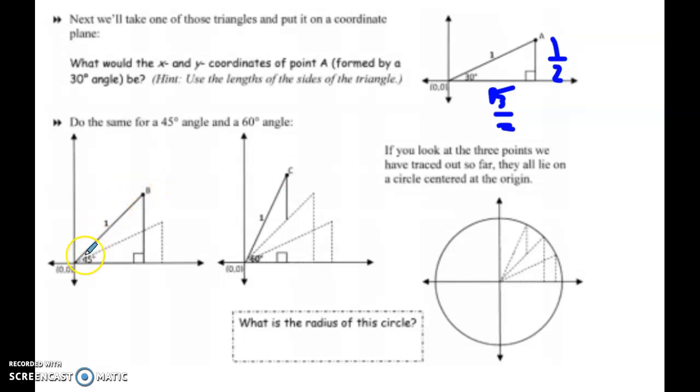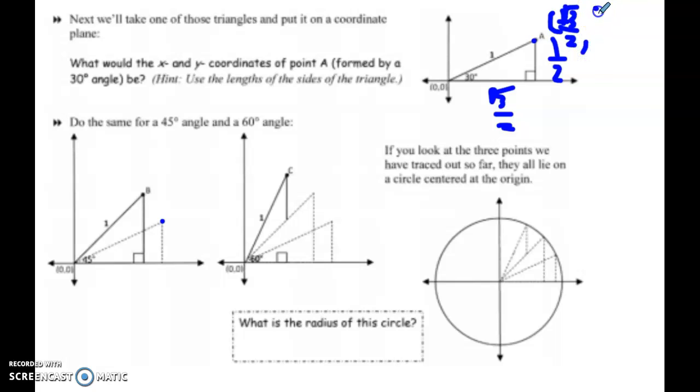So if you put it down here on the unit circle, that would mean that we are going over square root of 3 over 2 and up 1/2. So that would make this point right here, or I'm going to come back to this one. This point right here would be square root of 3 over 2, 1/2.